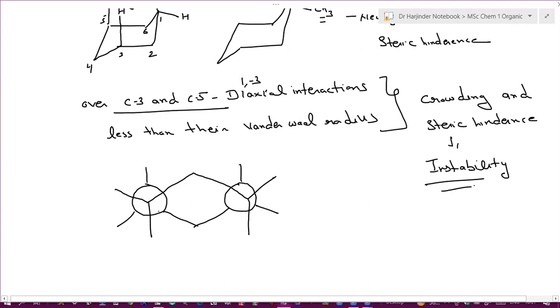Suppose this is your carbon number 1, and this may be carbon number 2, and you can consider carbon number 6. For a better view, let us take carbon number 2, this carbon. Now it has two bonds, one is this one and another is this one. Which bond is axial and which bond is equatorial?